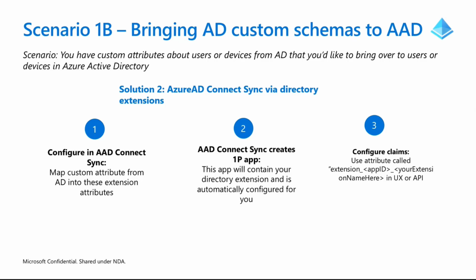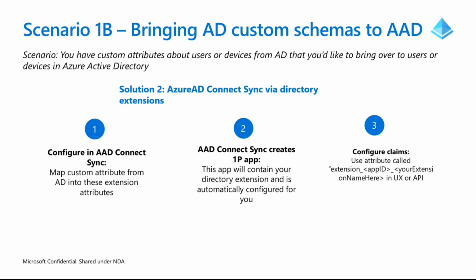So you can take any of the approaches. And the second approach we are talking about gives you the ability to see that particular attribute name, because it will have an extension, then the app ID, and then the name of this particular extension. Behind the scenes, Azure AD Connect is a first party application, or a Microsoft specific application, which gets created in your tenant.